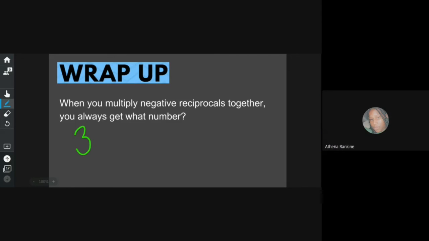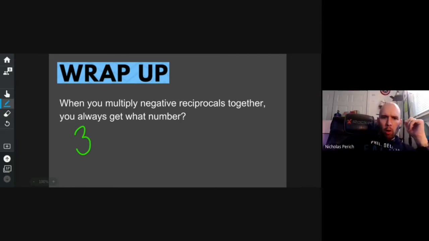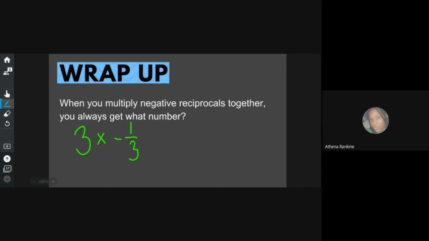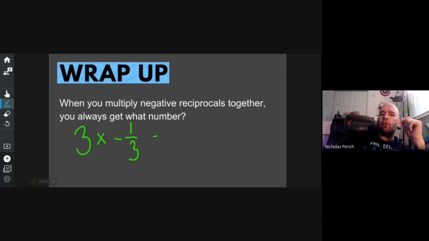Close. -1/3. What happens when you multiply those two numbers together? You get -3/3, or -1. Good. You will always get -3/3 in this case, which does turn into -1.